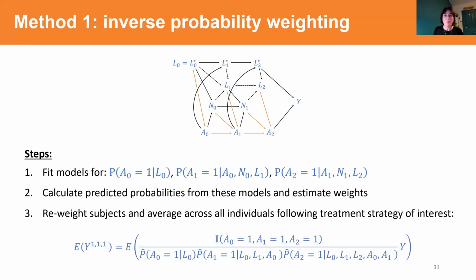Then we reweight the subjects by multiplying their outcome Y by their estimated inverse probability of treatment weight. And then we average over these reweighted Y's within the individuals who followed the treatment strategy that we're interested in. So for example, here we're considering the always treat strategy.